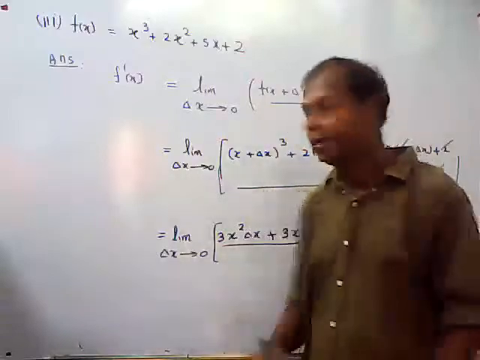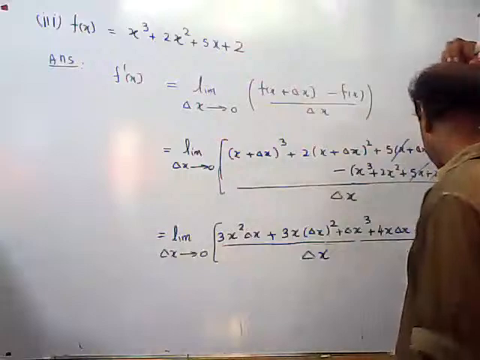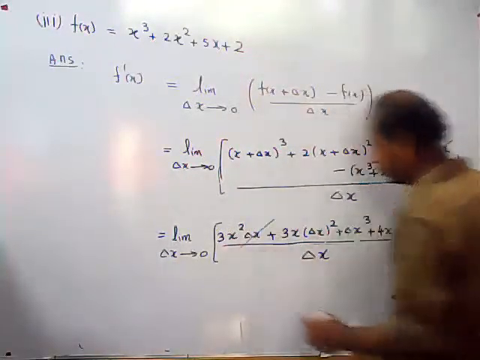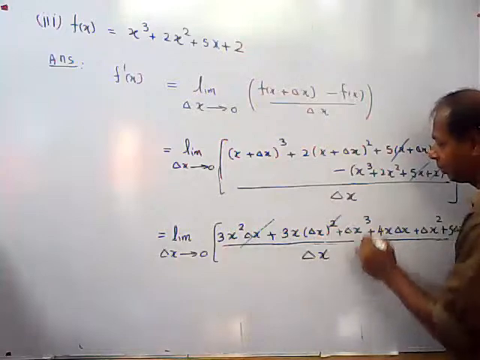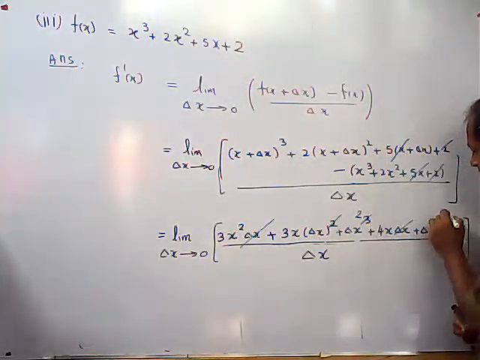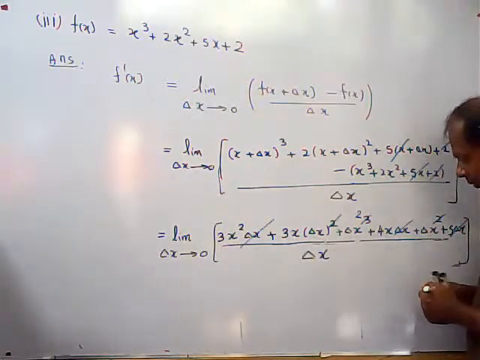This delta x, right? We can make these delta x terms disappear. Here a delta x will remain, here a delta x square will remain. This will get cancelled. Here leaving a delta x, and this delta x disappears.